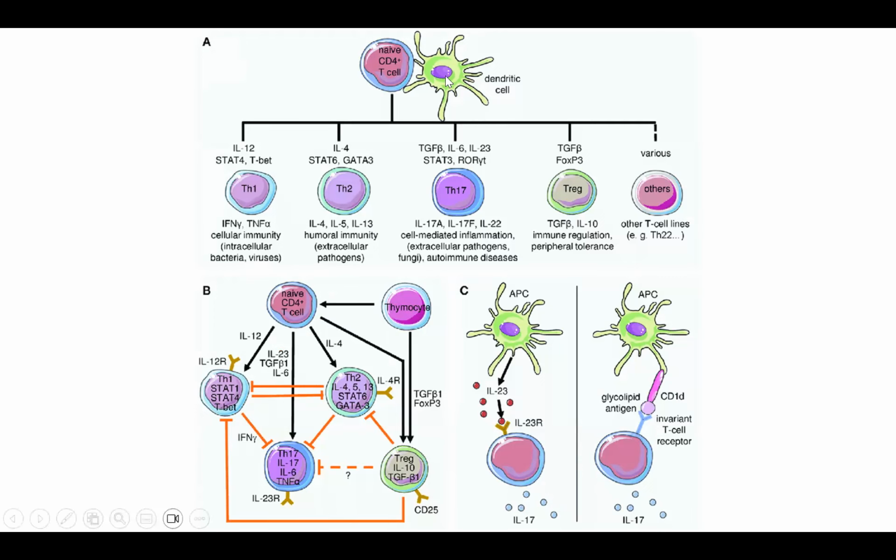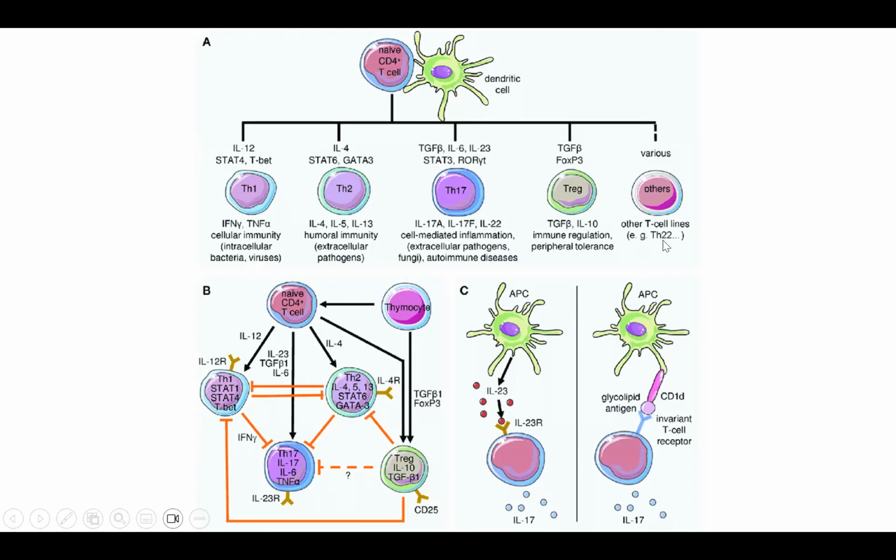Now this is where it gets into a little bit more detail of the T cell. You have this dendritic cell that has antigen presenting capability, and it's attached to this naive CD4 T cell. Once it goes through this attachment, it gets activated. That CD4 positive cell can turn into T helper cell 1, T helper cell 2, T helper cell 17, Treg, and some others.